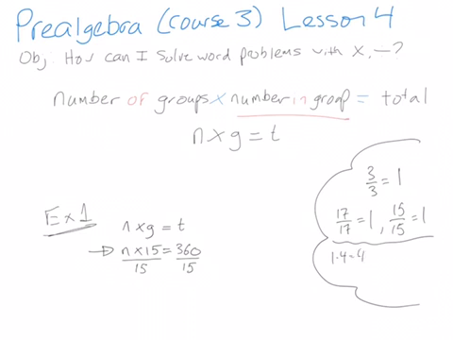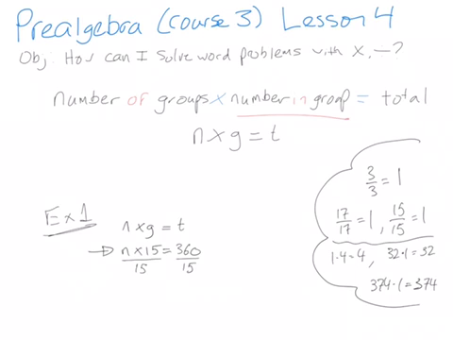Well, that's just 4. What is 32 times 1? Well, that's just 32. What is 374 times 1? Well, just 374. So we're going to use these two principles when we're solving this.